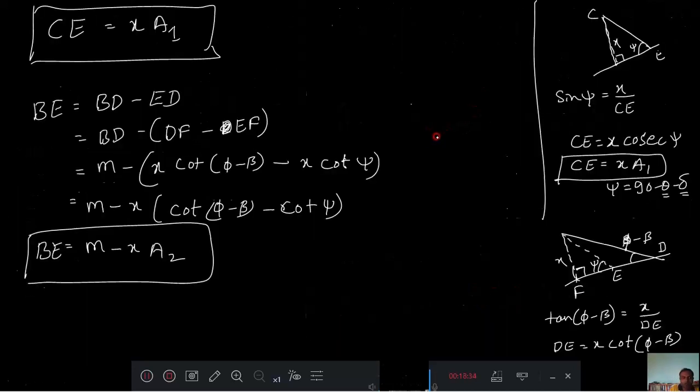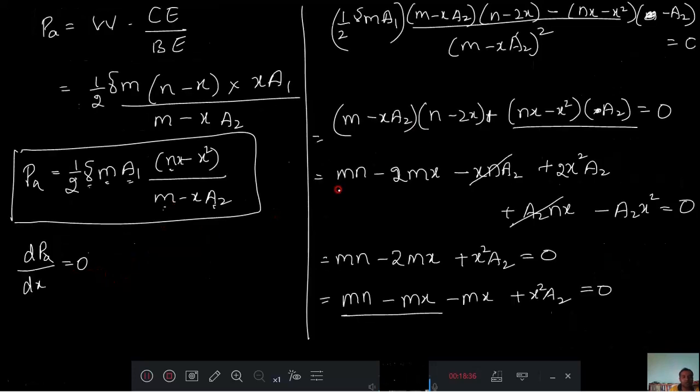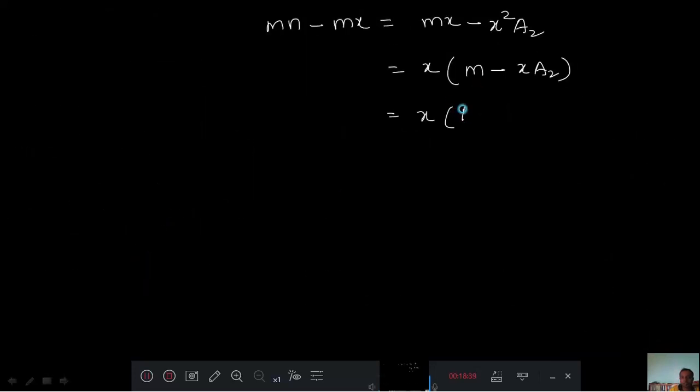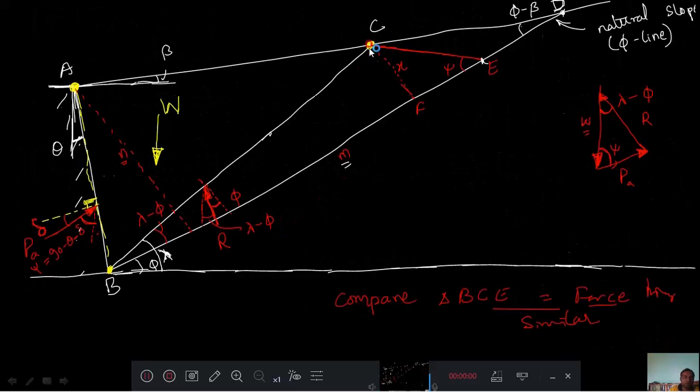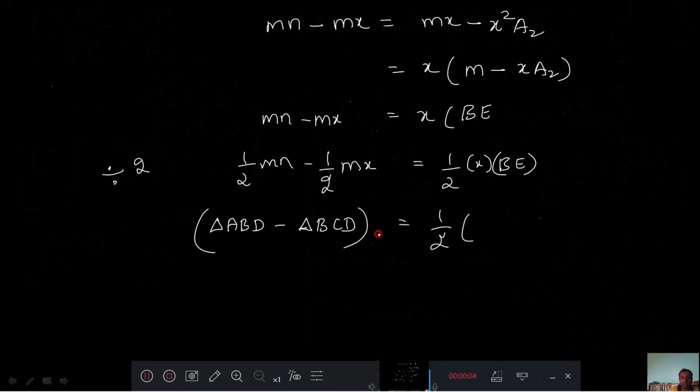M minus x A2 is what? BE. This is MN minus Mx. Now I will divide the entire equation by 2. Then what is this? Half MN minus half Mx. That is the area of BCE.